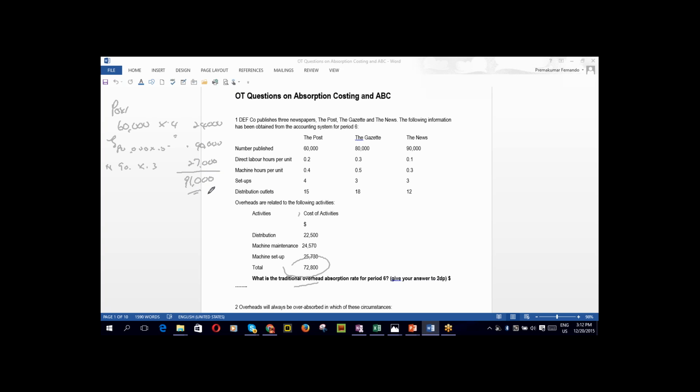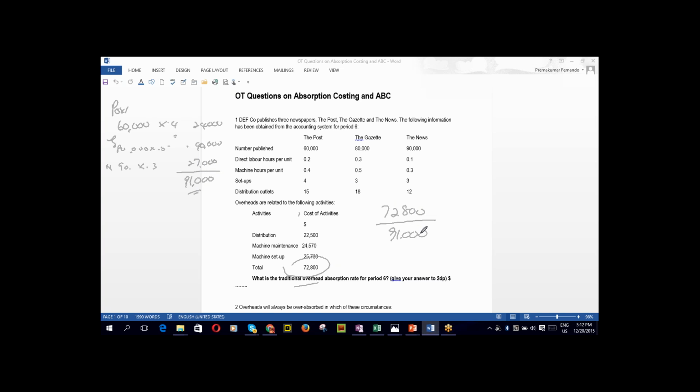Correct? So to run 91,000 machine hours, we are spending 72,800. Now we can find the overhead absorption rate. Total overhead 72,800, and 91,000 is the machine hours.